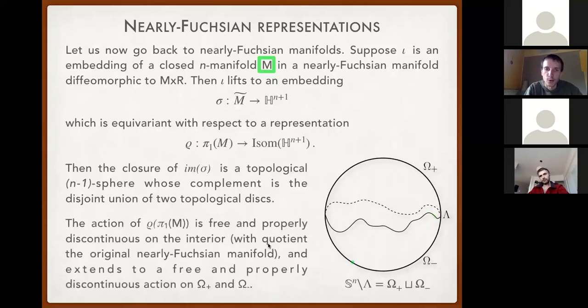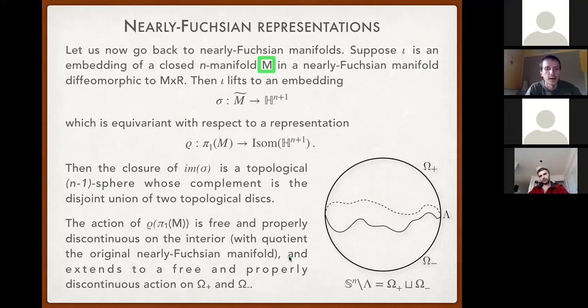The good thing is that the dynamics of the action of the fundamental group is very well described. We have, of course, a free and properly discontinuous action on the interior of hyperbolic space, and the quotient is our original nearly-Fuchsian manifold.